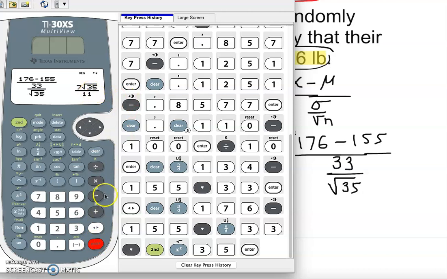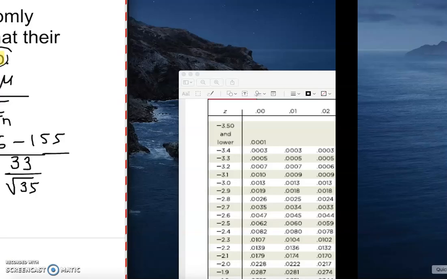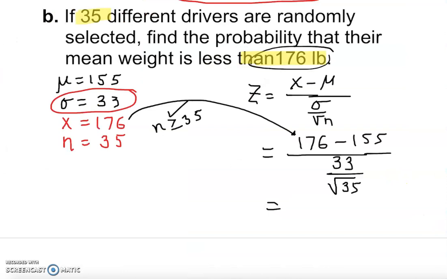Obviously this is a radical, you use the double arrow, 3.76. So approximately 3.76.